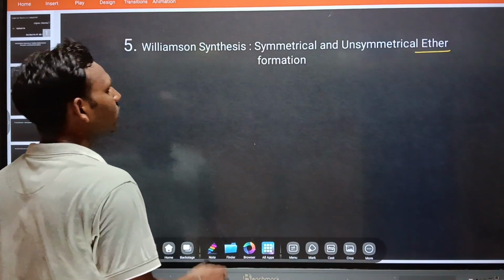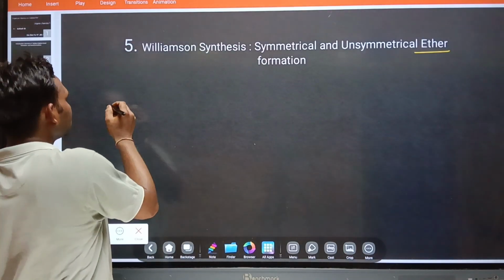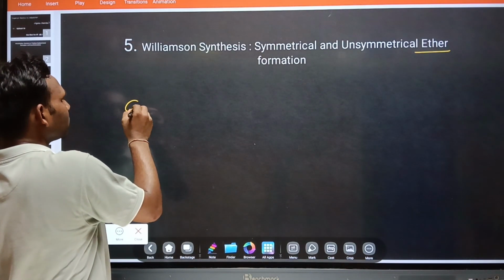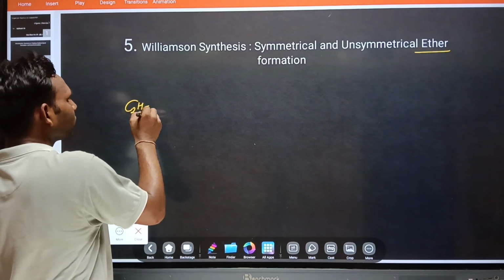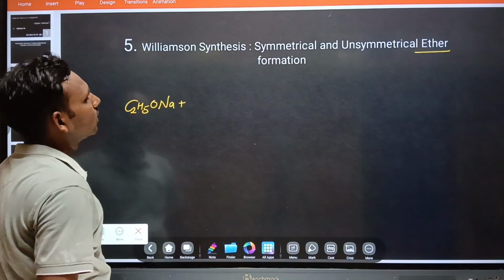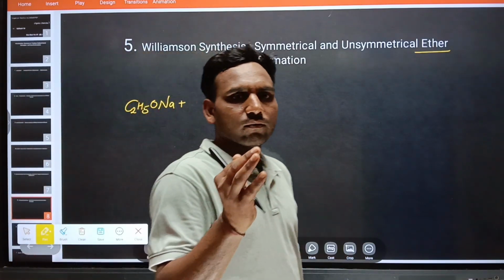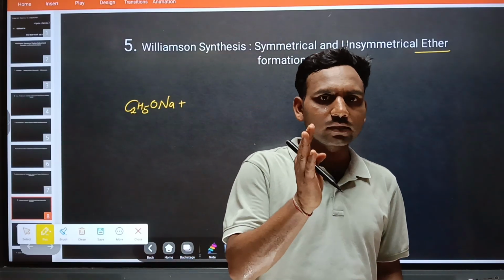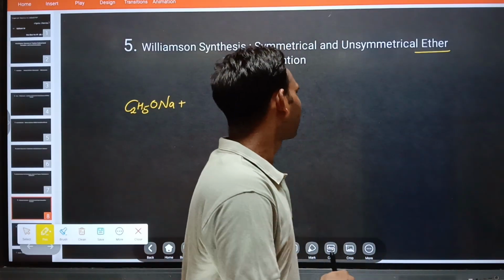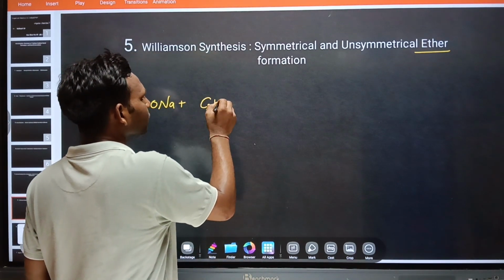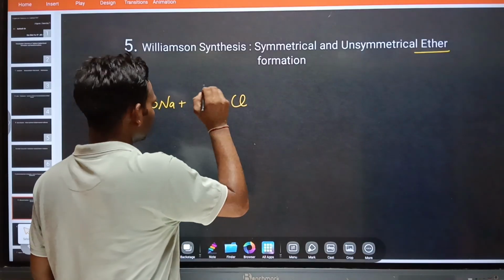We take sodium ethoxide, any sodium alkoxide. Suppose C2H5ONa. And second, if we form the same type of alkyl groups in the ether, then take the similar alkyl halide, C2H5Cl.